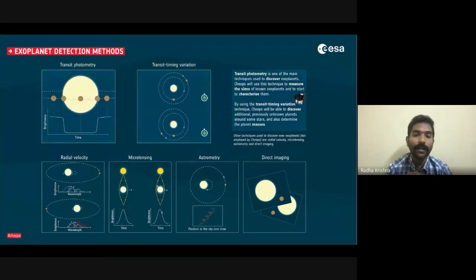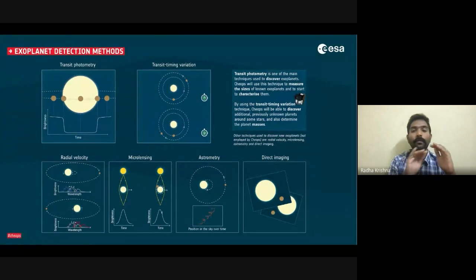One interesting thing is transit timing variation. What happens is, as the planets go around the star, if you observe the light coming from the star, there's a certain brightness. Once the planet comes before the star, the brightness decreases because the planet is blocking some amount of light.